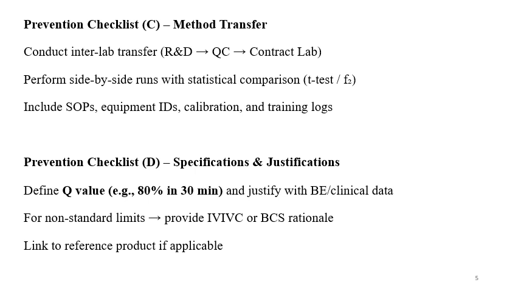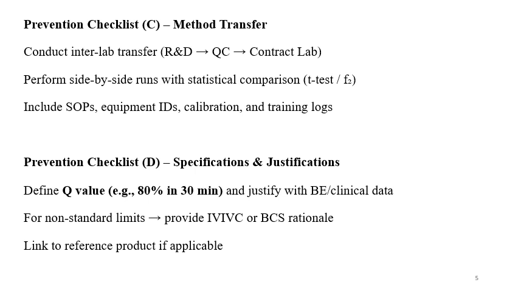Sometimes it is said that your DT time is very less. Then how are you going to justify the dissolution Q point of 80% at 45 minutes? Always you will get the query to tighten the dissolution specification. So always define the Q value like 80% in 15 minutes or 80% in 30 minutes and justify it with the BE batches data, clinical batches data and the reference product data.